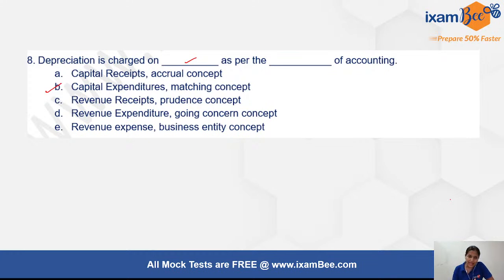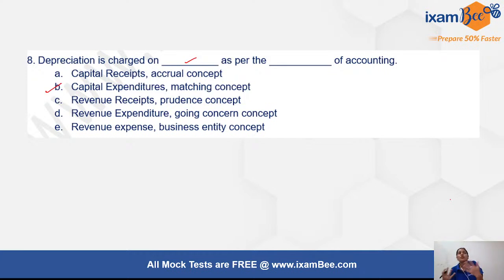Now because this plant and machinery would have helped us in earning the revenue, the expenditure related to that particular year only. So whatever the useful life of the plant is, we are going to use that plant for many years.